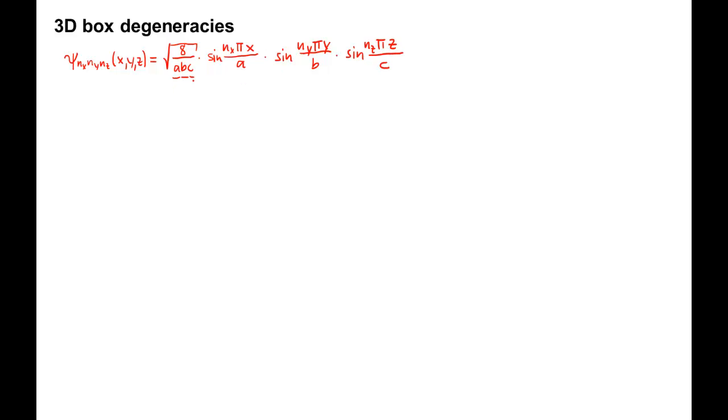A, b, and c are the edge lengths of the box, and nx, ny, and nz are the quantum numbers associated with the x, y, and z coordinates. The three quantum numbers are independent, and each of them is a positive integer: 1, 2, 3, and so on.